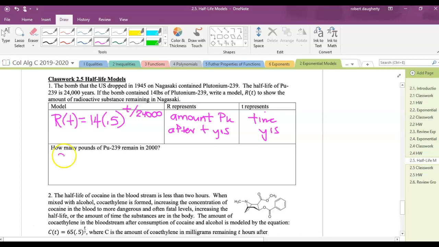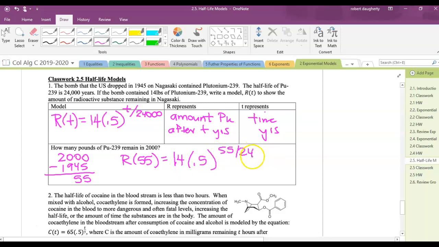So the year 2000 minus 1945, that's a span of 55 years. So R of 55 is equal to 14 times 0.5 to the 55 divided by 24,000.